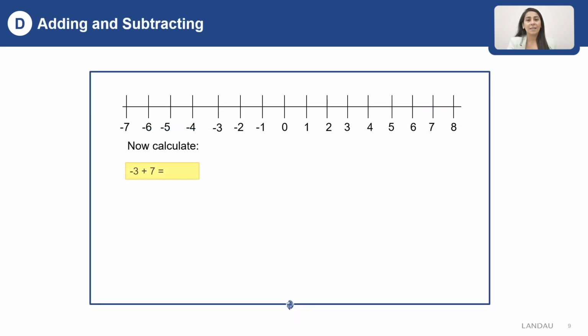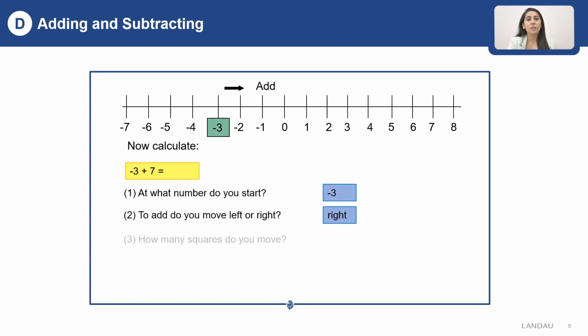Let us discuss the next example. -3 plus 7. First, we need to decide at what number do we start. We need to start at -3. Then, we need to decide the direction. Are we moving left or right? Since we are adding, we are moving right.